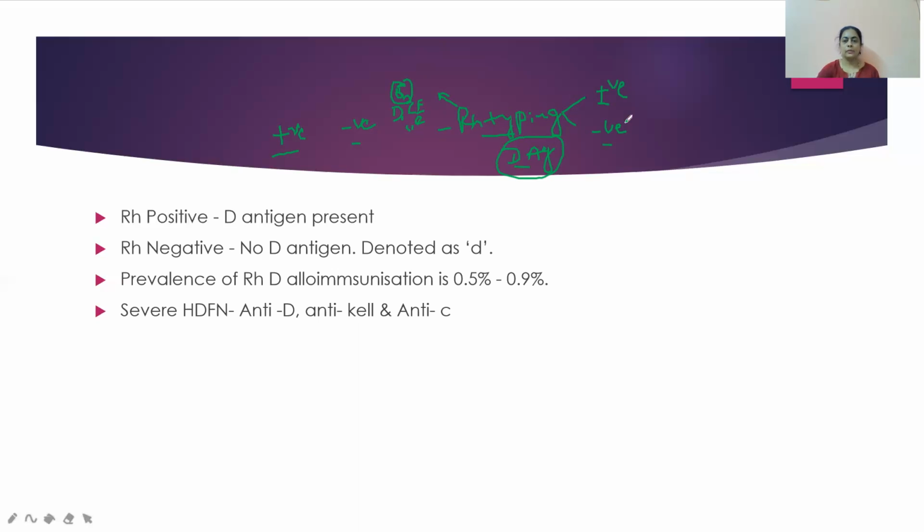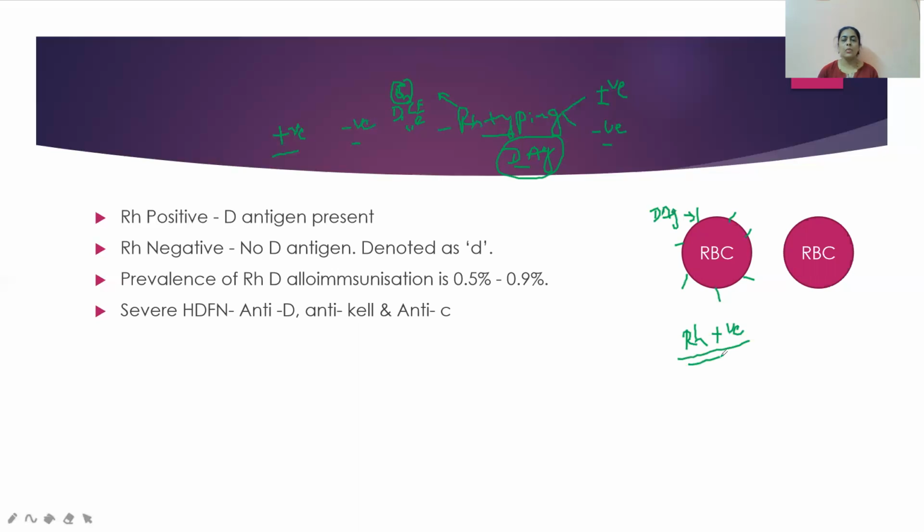Suppose this is an RBC, and it contains the D antigen on the membrane. So this individual is called Rh positive. Depending on the ABO group, we say A positive, AB positive, something like that, but these individuals are Rh positive.